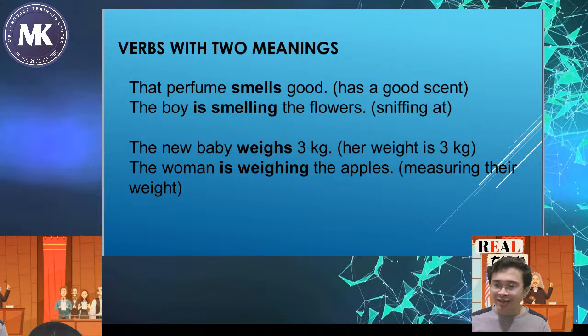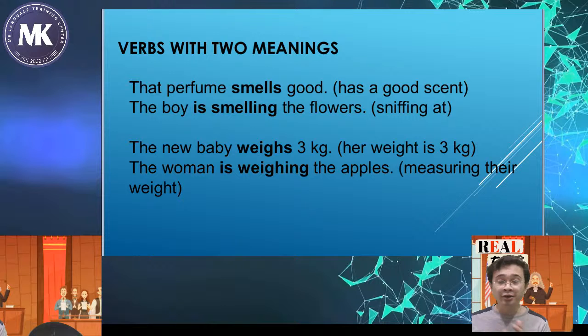And the last one, the new baby weighs 3 kilograms. Her weight is 3 kilograms. So here, if you notice, it's only that weighs. We can also change it into a linking verb. We can say is 3 kilograms, right? This one becomes a stative verb. But for another sentence using weigh, the woman is weighing the apples.